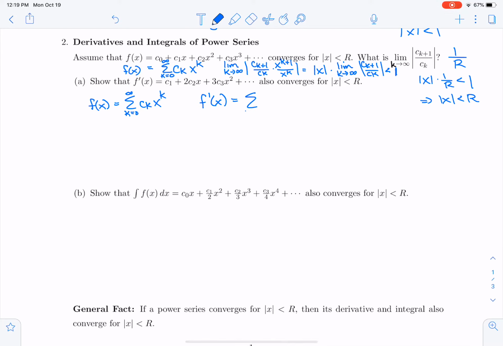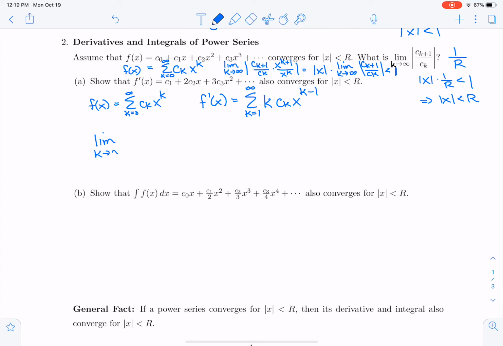I can write this out in summation notation. I'm going to start at 1 because the derivative of c0 was 0. So this is the sum from k equals 1 to infinity of k c sub k x to the k minus 1, just taking the derivative term by term. And the question is, does that series converge? Well, we can use the ratio test to see.